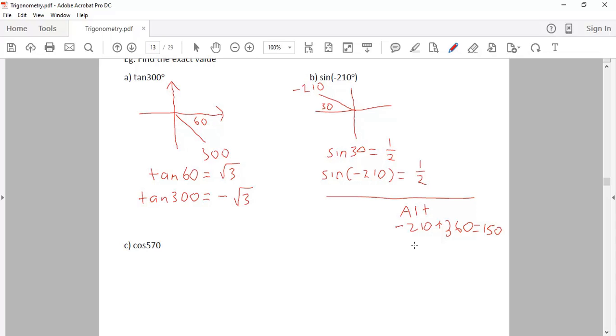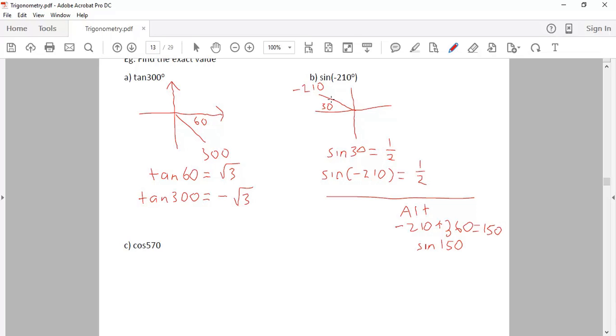So if working out sine 150, you get the same answer. That's just if you don't like going backwards in the negative direction. You just add 360 and you notice that sine 150 is exactly the same.